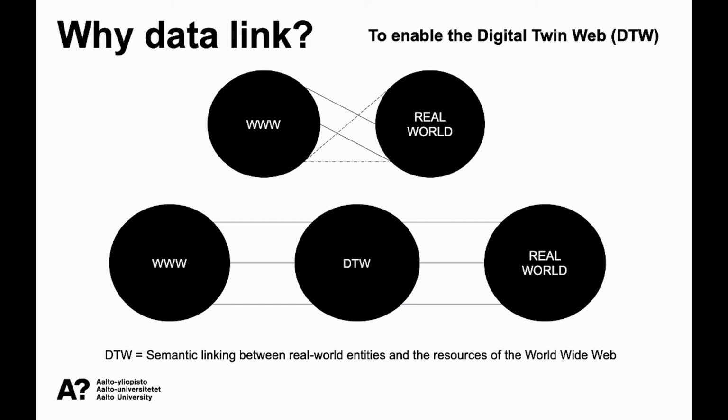So it's basically the same as network of digital twins, but I want to make it closer to the World Wide Web. So currently we have the situation of the upper balloons. We have the World Wide Web connected to the real world, and again it's messy.